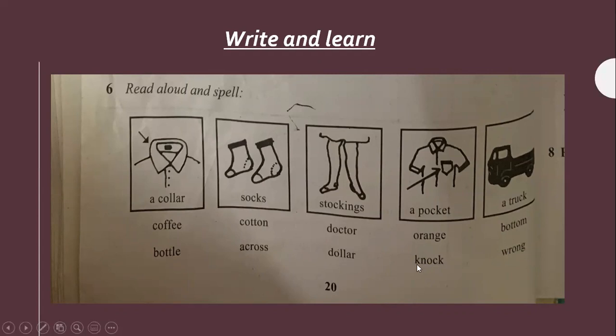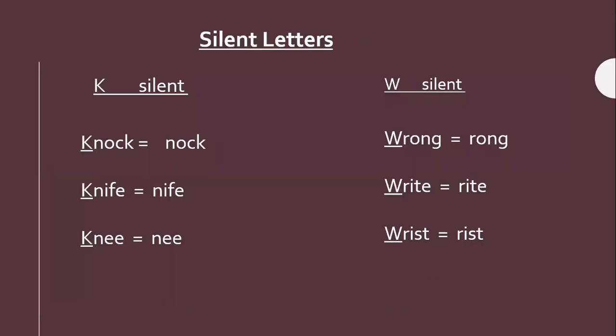Why? We will not say the sound of K here, and in this word W. In the English language, some words have silent letters. We write them, but we do not say their sounds.